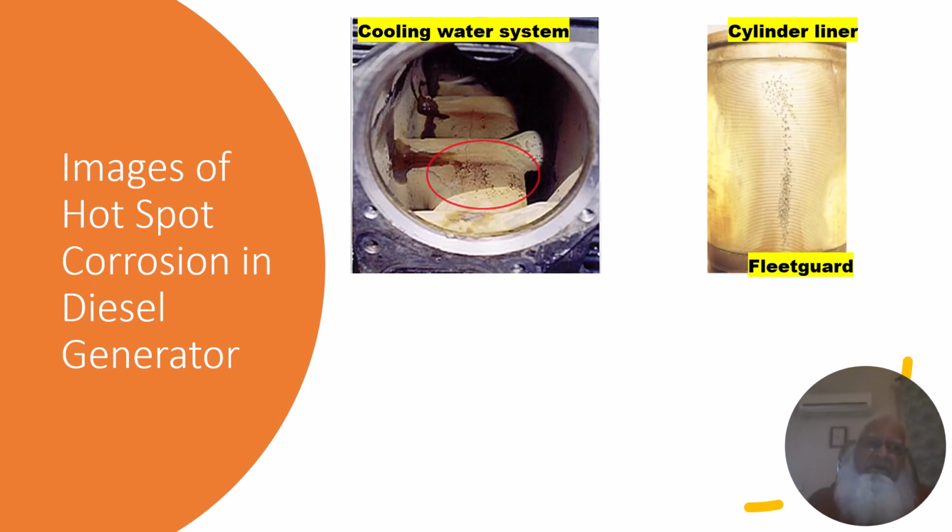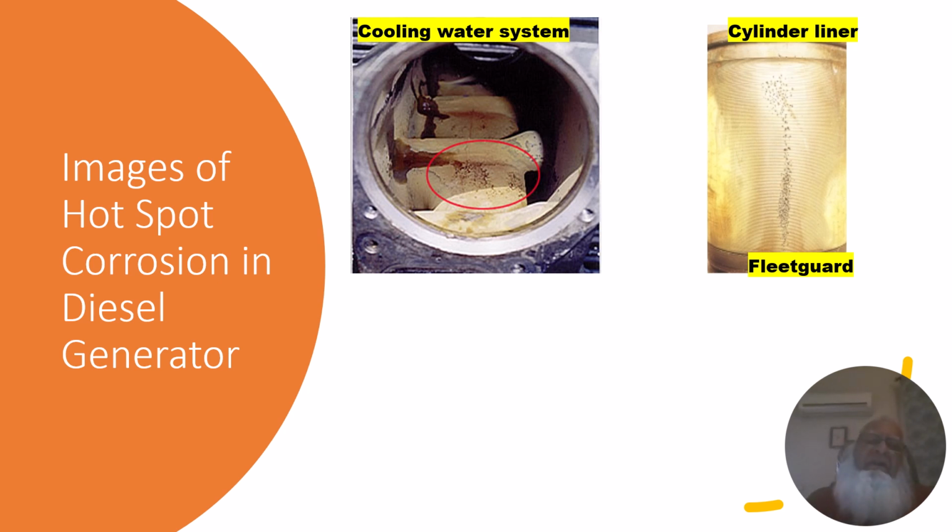This slide shows images of hotspot corrosion in a diesel generator. The picture on the right shows the cylinder stem has undergone corrosion at specific areas along its stem, and this picture is taken from Fleetguard.